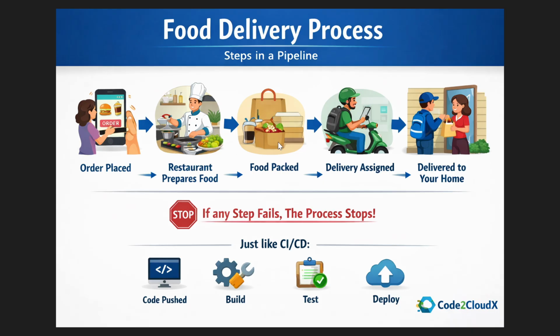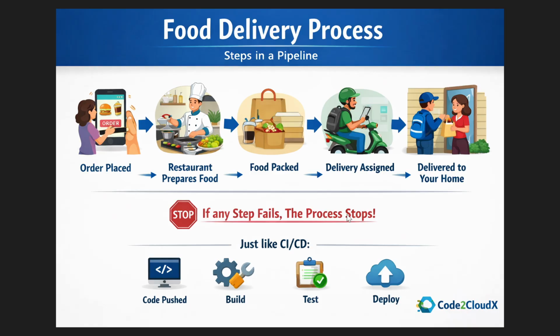Then the food gets packed. Then a delivery partner is assigned, and at the end, finally the order is delivered to your home, right? In between, if any step fails, the process will be stopped.